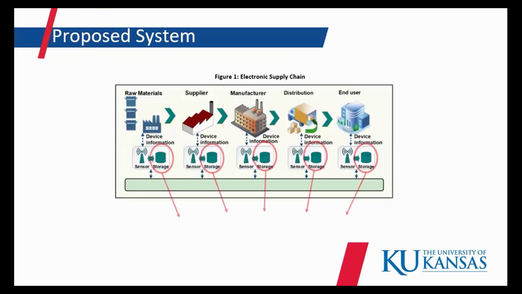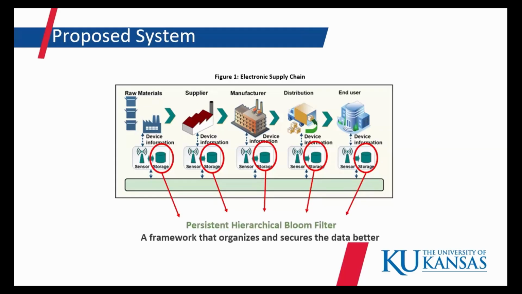So we need to deal with the noisy data. That's why we're proposing a persistent hierarchical Bloom filter. And this framework organizes and secures the data in a better way. That's what we're claiming.